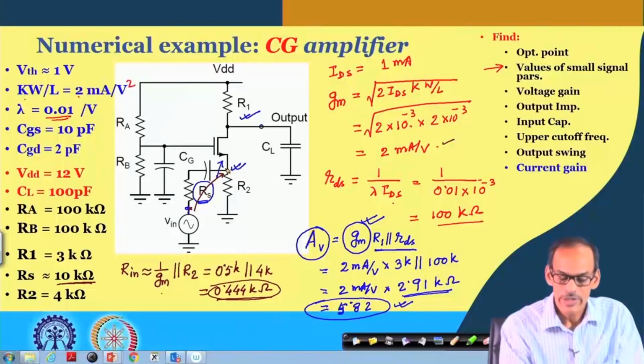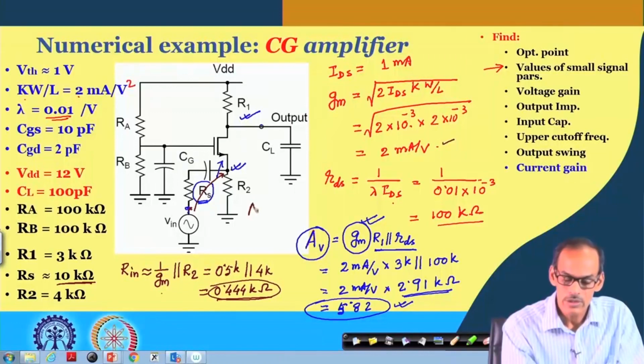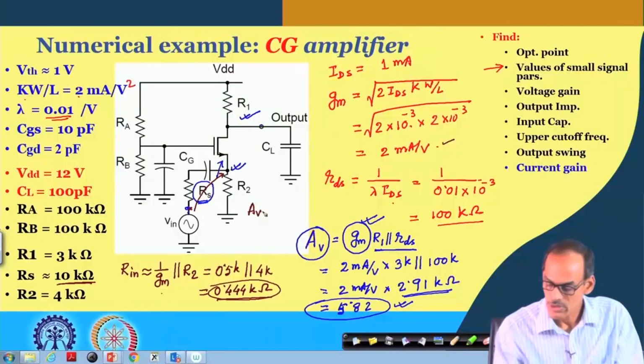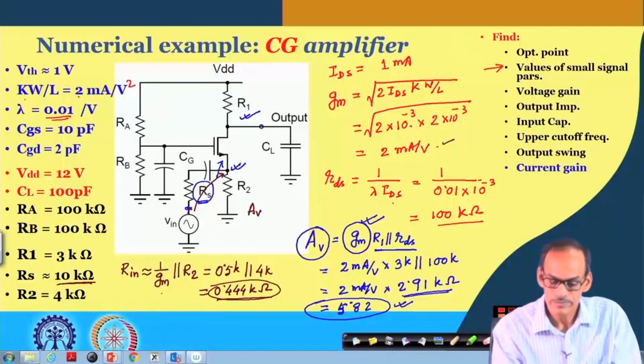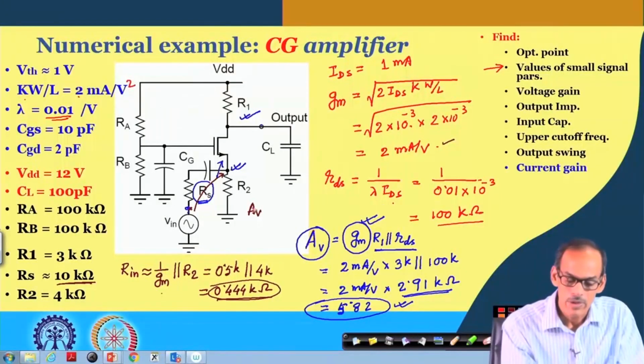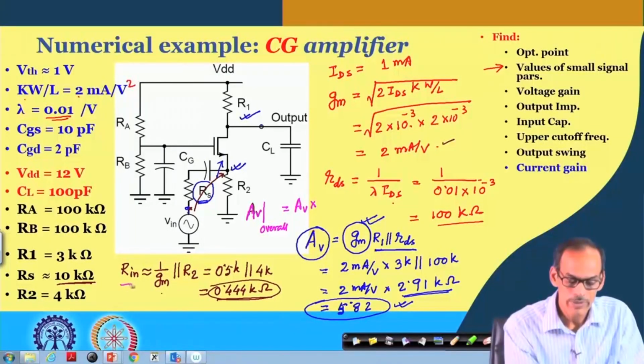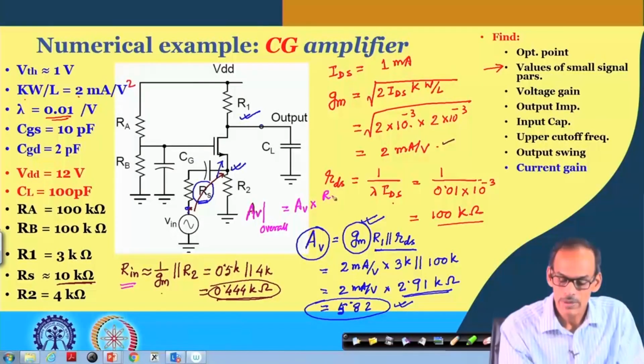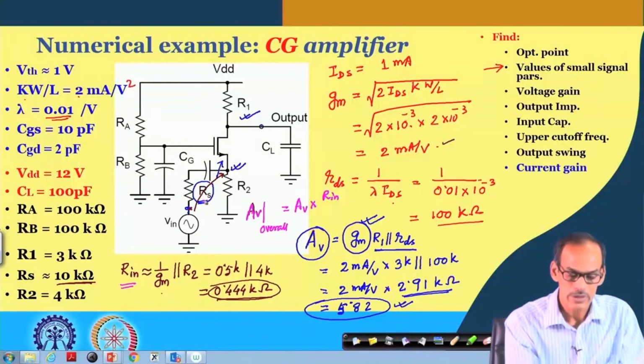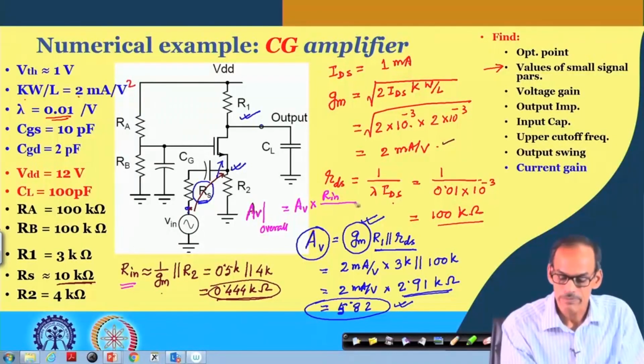So, I need to get the overall gain, AV overall. That is AV multiplied by the attenuation offered by Rin, and this Rs is 10 k. So, that is Rin divided by Rs plus Rin.